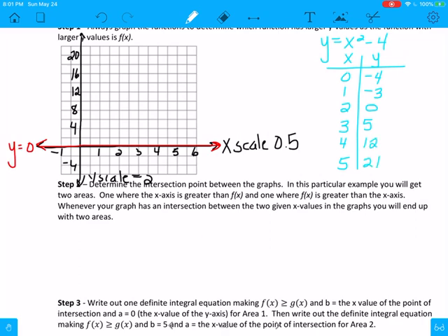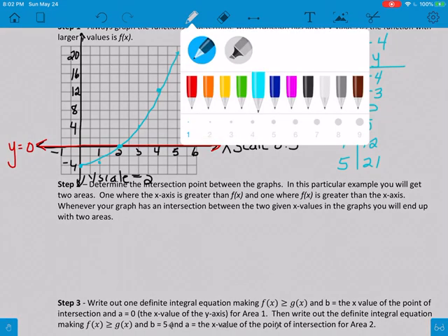So I'm going to plot this one. 0 and negative 4. 1 and negative 3. 2 and 0. 3 and 5. 4 and 12. That's not very good. Pretend that's on the 12. And 5 and 21. And we want the area shaded between the two.